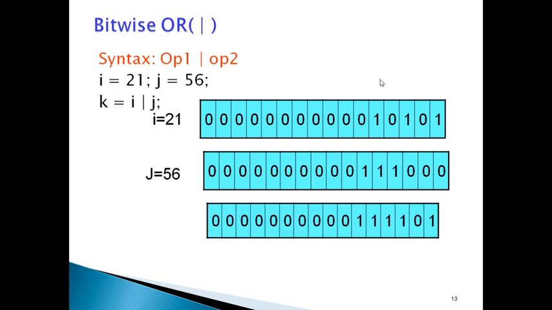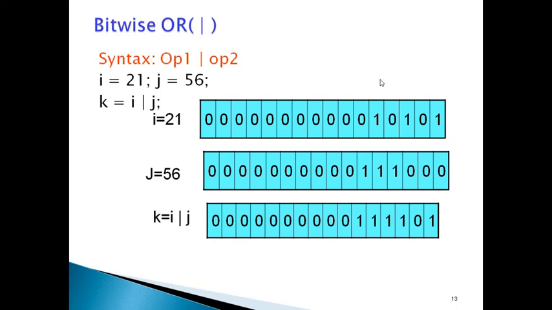After converting to binary values, the compiler will perform the OR operation on each bit of the two operands, operand 1 and operand 2. As we discussed, the OR operator will return 1 when any one of the inputs is 1.